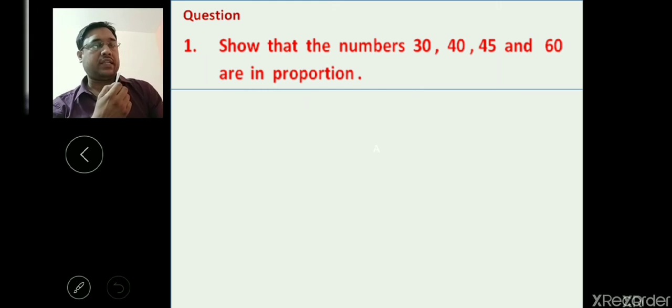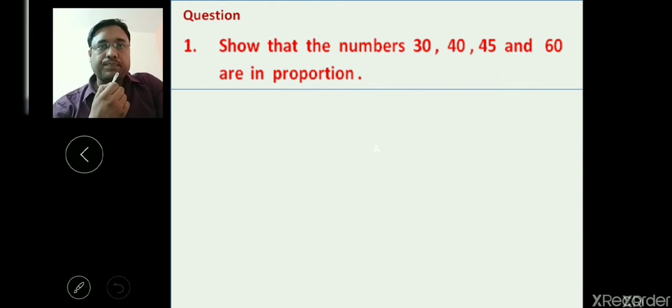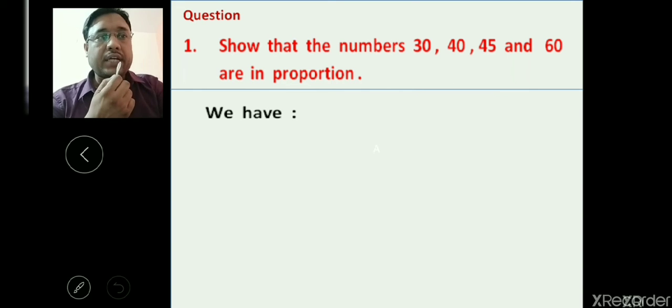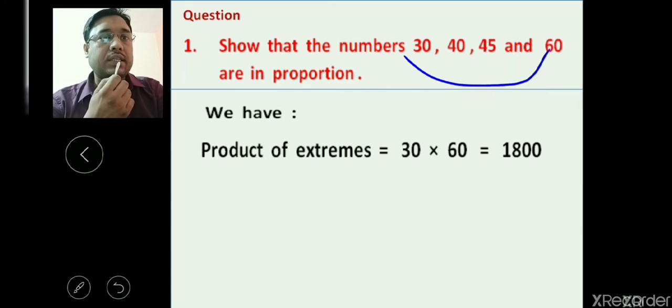Next, a question based on this concept: show that the numbers 30, 40, 45 and 60 are in proportion. How will you do this? The product of extremes is 30 and 60. So 30 into 60 is 1800.